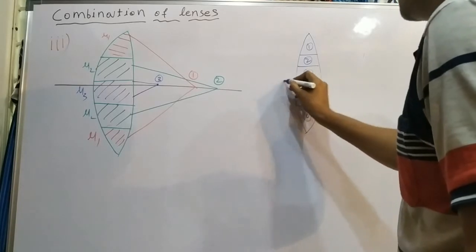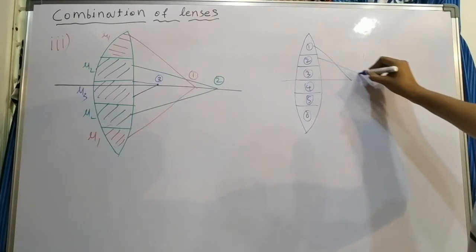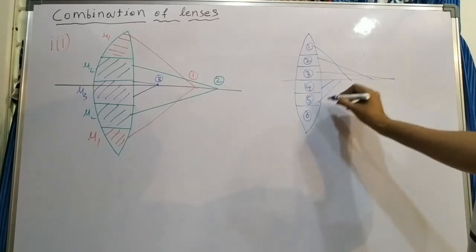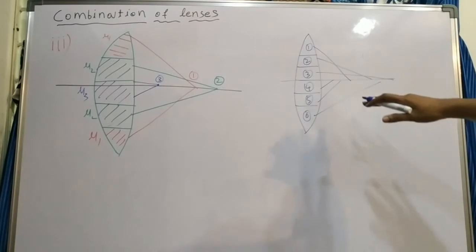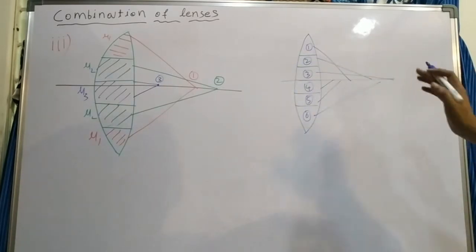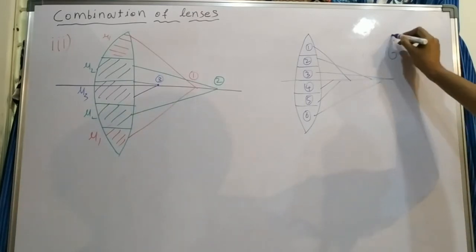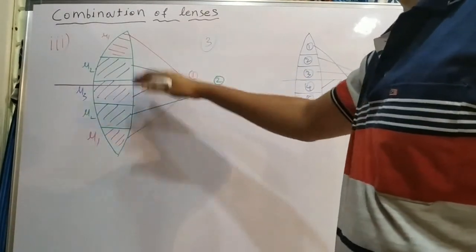Different materials along the principal axis means the first material forms an image at one point, the second material at another point, the third at another point, maybe the fourth at a different point. So each material forms images at different points, and this lens has a different focal length for each material. Due to that, we get different images. How many images are we getting? That is 6 images. Here we get 3 images because three different materials are there.